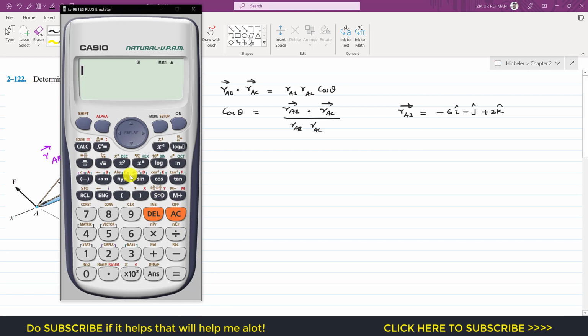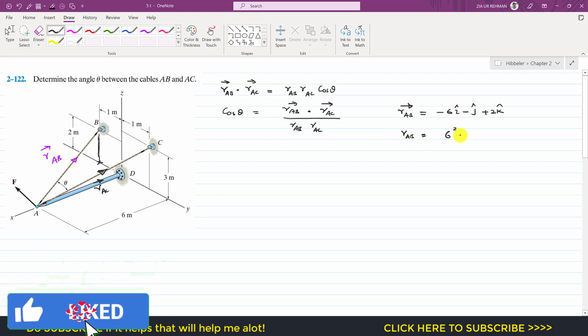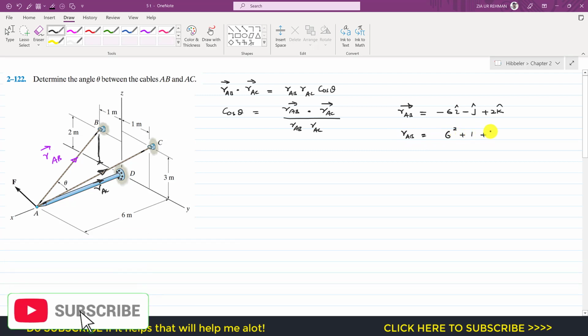Now we can find its magnitude. We take the squares of each component and then take the square root to find the magnitude of RAB. So this RAB magnitude will be equal to the square root of 6 squared plus 1 squared plus 2 squared. While taking the square, the minus doesn't matter, right?